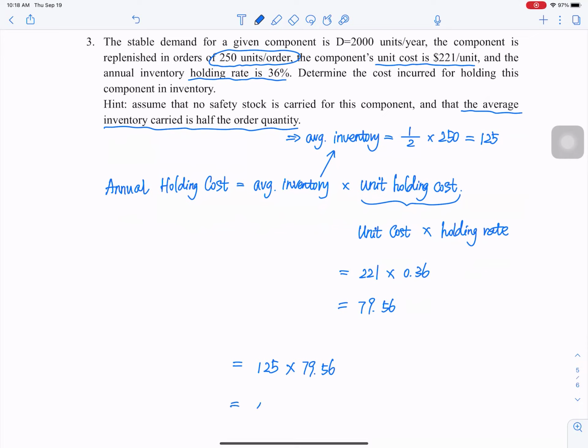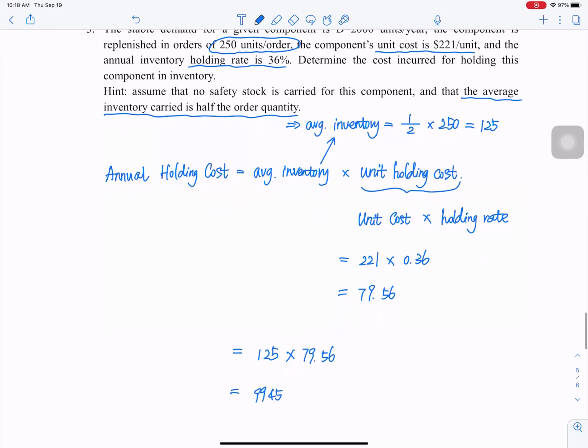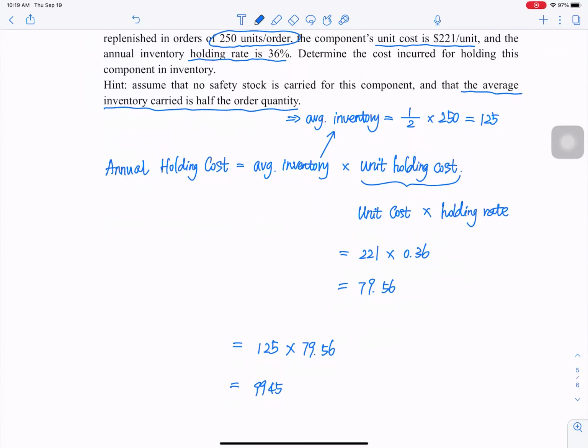This is equal to 99.45. Therefore, it is the cost incurred for holding this component in the inventory, in dollars per year. All right, that's all for question 3.